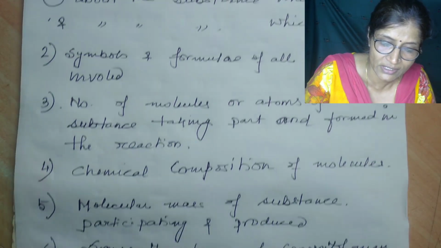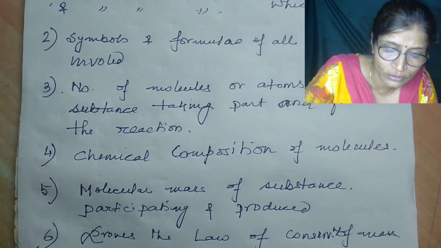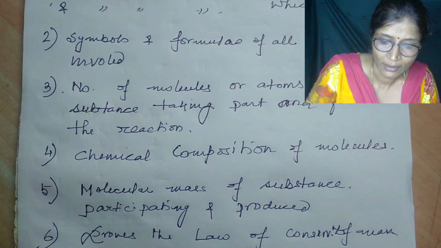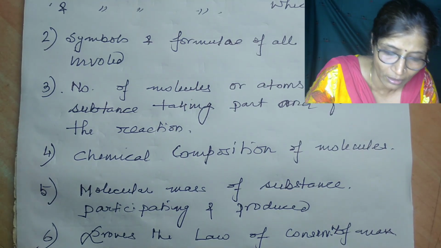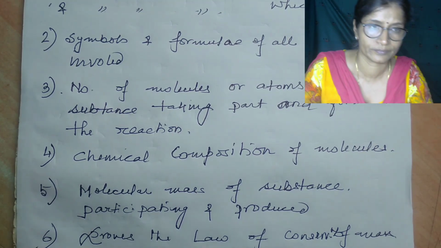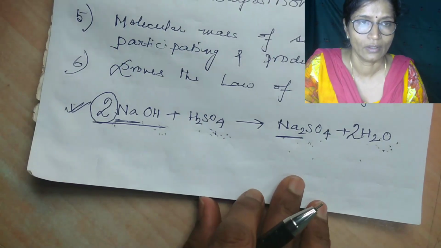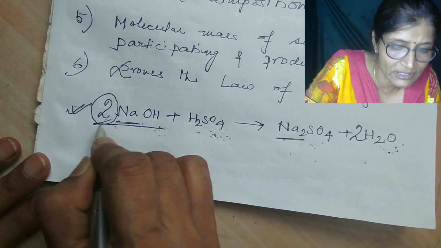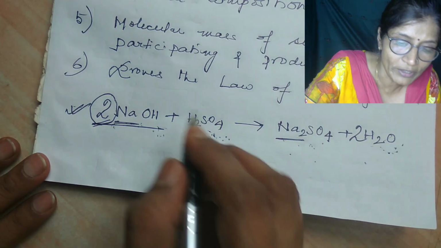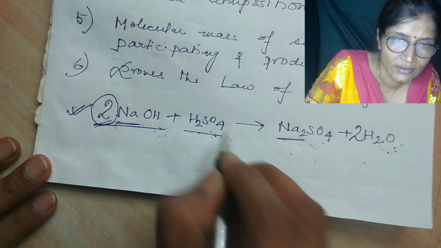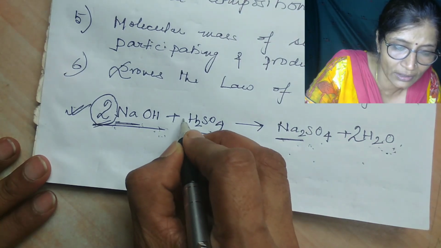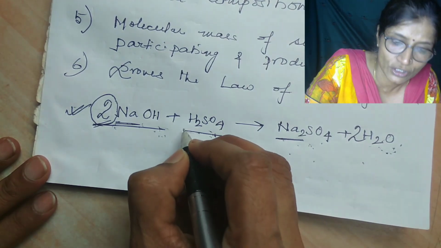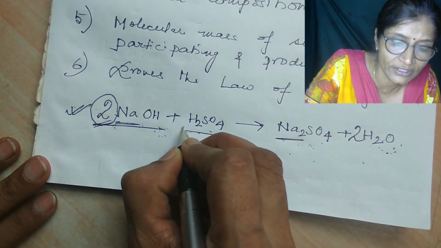Like here in this reaction, how many molecules of sodium hydroxide are participating in the reaction? Obviously 2 molecules. How many molecules of sulfuric acid? Here nothing is written, it means it is 1. Not written anything means it is 1 molecule.